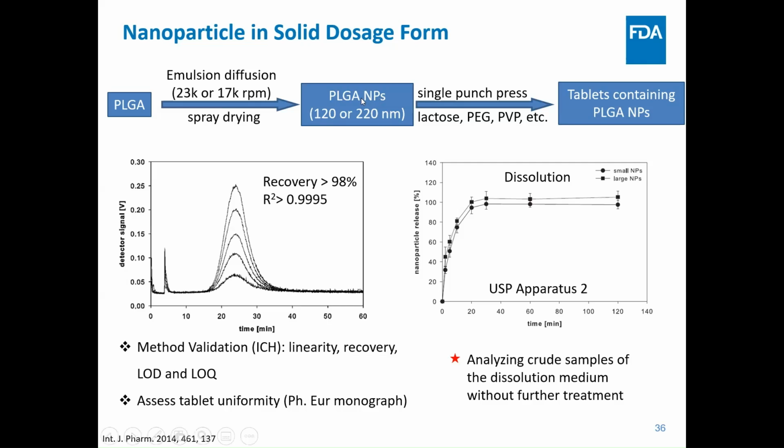Here we have some formulations made with PLGA particles of different sizes. And AF4 is used to analyze the dissolution sample. The benefit is that we don't have to do any sample treatment. We can directly inject the sample into AF4, and we can determine the amount of PLGA particle released from the tablet. And there are apparently some differences for the smaller compared to the bigger one.